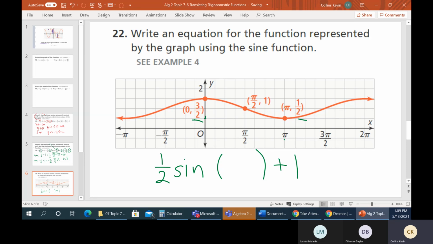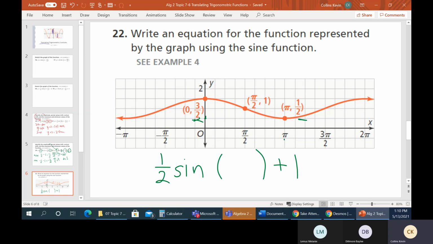So we know that originally it bounced back and forth between +1/2 and -1/2, but then we added 1. That makes it bounce back and forth between 3/2 and 1/2. Again, if we add 1/2 to 1, we get 3/2. If we add -1/2 to 1, we get 1/2. So that makes sense.